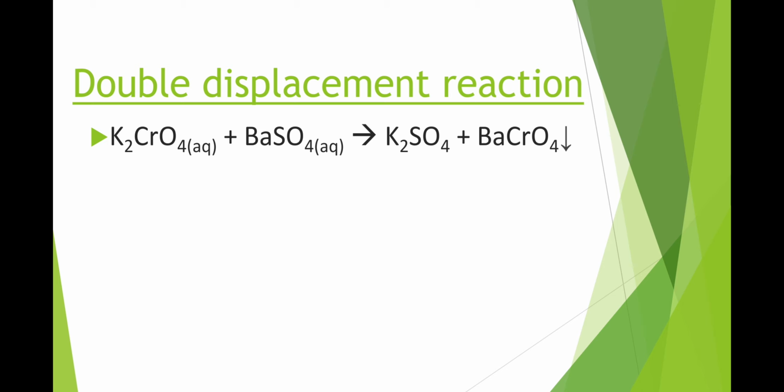It is also a displacement reaction, but here the chromate and sulfate are both ions, and they are exchanging their places with the other reactant. That is, in the reaction you can see CrO4 is placed with barium and SO4 is placed along with the potassium.